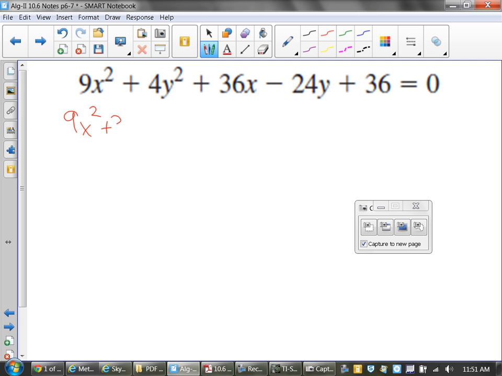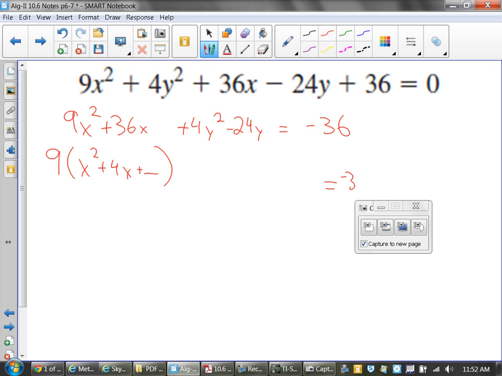9x squared plus 36x plus 4y squared minus 24y equals negative 36. Take out the 9 from the x squared stuff. You have x squared plus 4x plus blank.